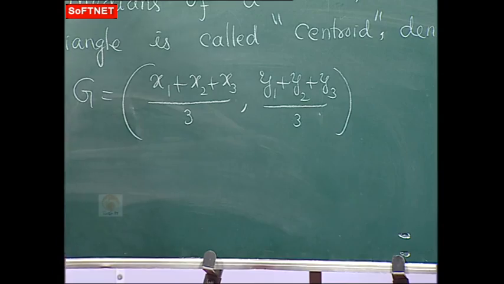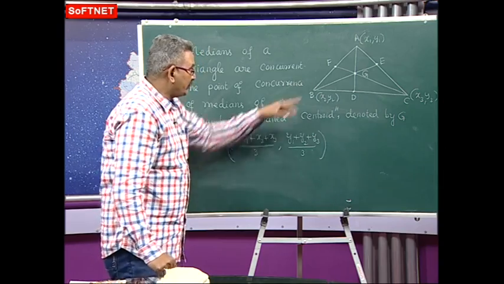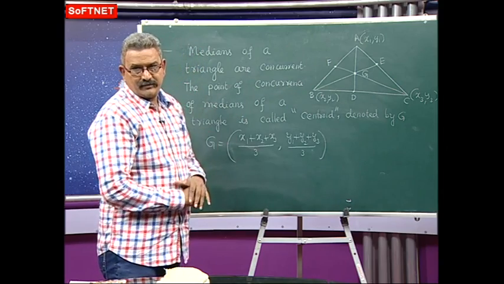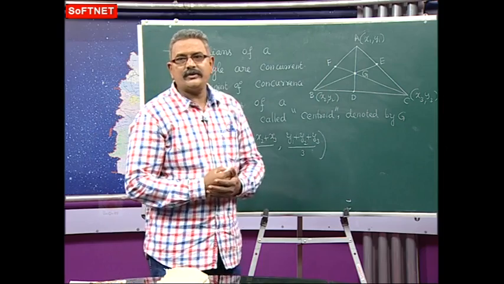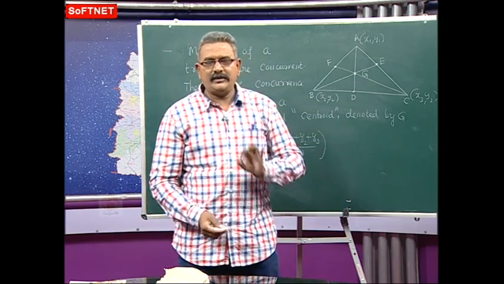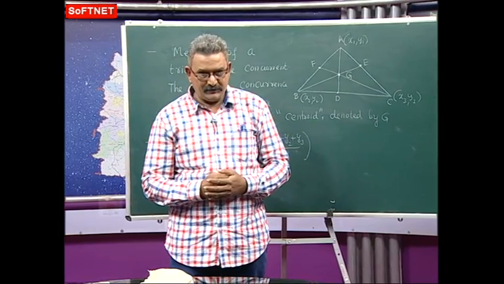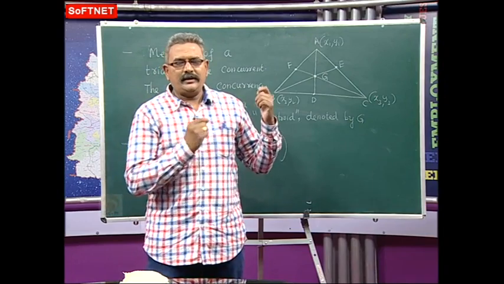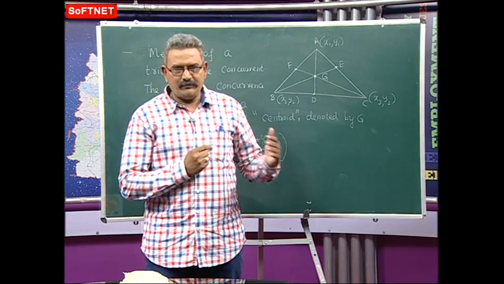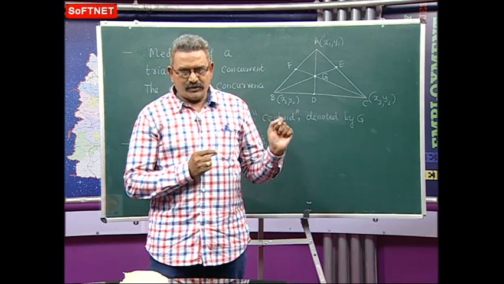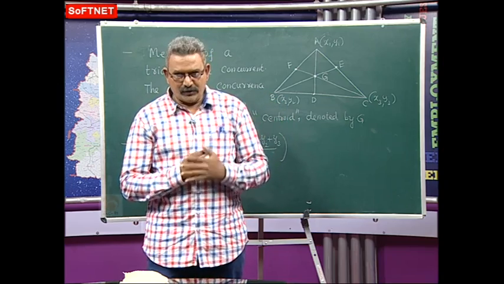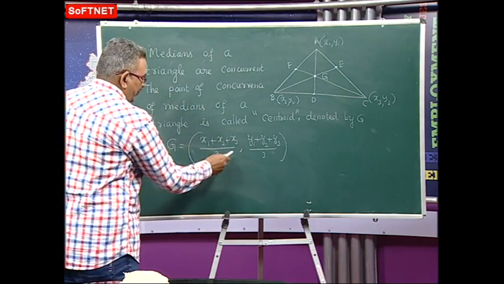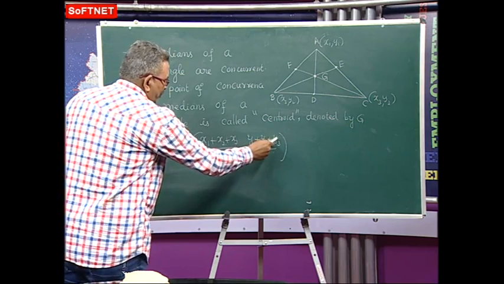That means mean of the x coordinates of the vertices and mean of the y coordinates of the vertices. If the 3 vertices of the triangle are given, it is very simple to find the coordinates of the centroid: mean of the x coordinates comma mean of the y coordinates, that is x1 plus x2 plus x3 by 3 comma y1 plus y2 plus y3 by 3.